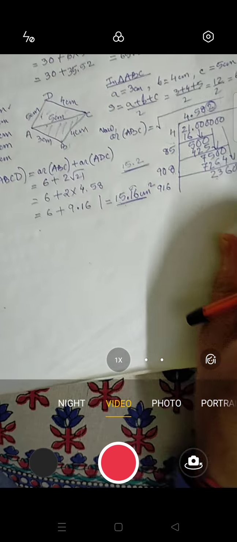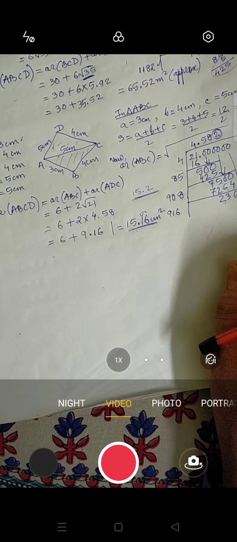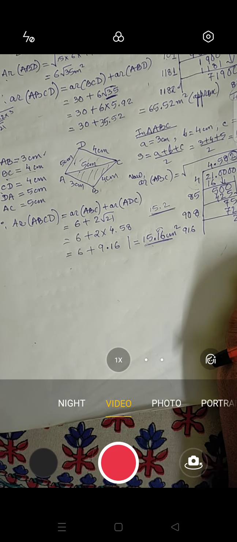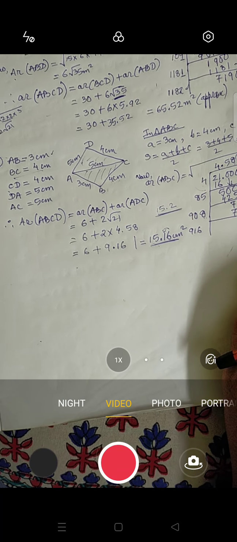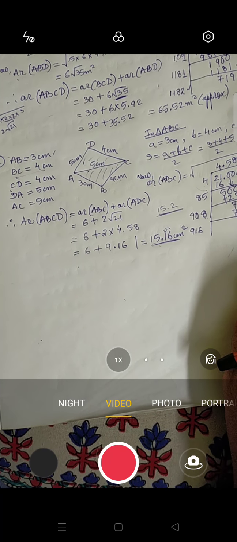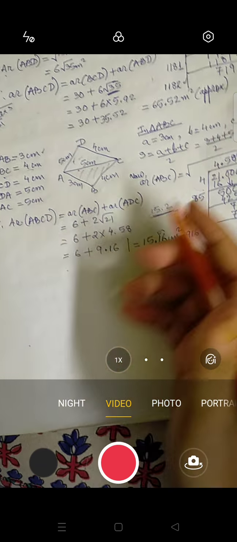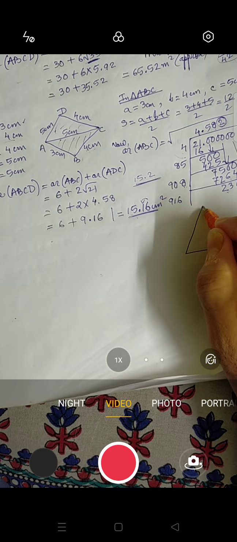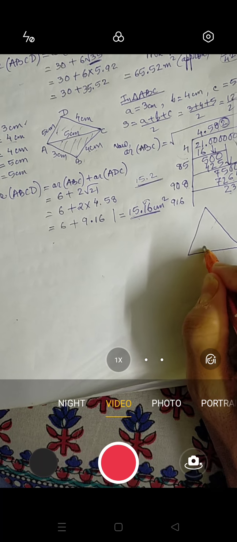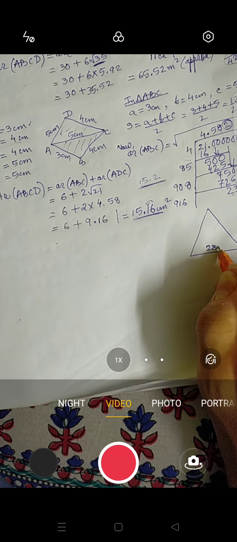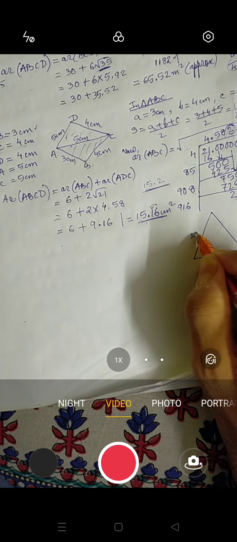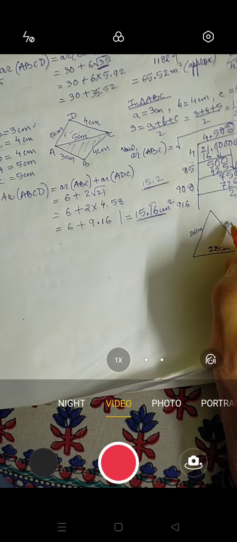And what they are telling, if the sides of a triangle are 26, 28 and 30 and the parallelogram stands on the base 28, so we will be taking a diagram like this. This is a triangle, let this be 28 centimeter, and the other two you can take as 26 centimeter and 30 centimeter.